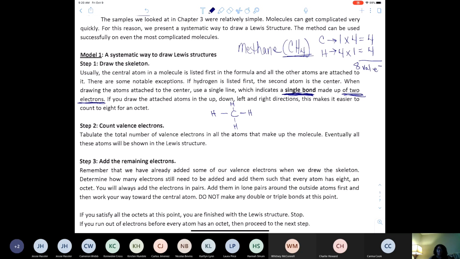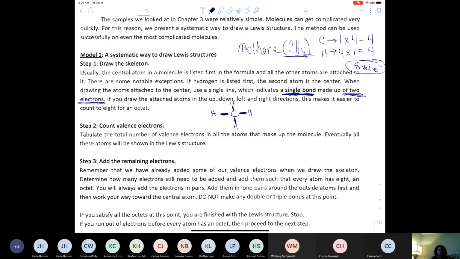I have already put in those 8 valence electrons: 2, 4, 6, and 8. So I've tabulated my total number of valence electrons needed, and I've counted how many I've already put in my structure.